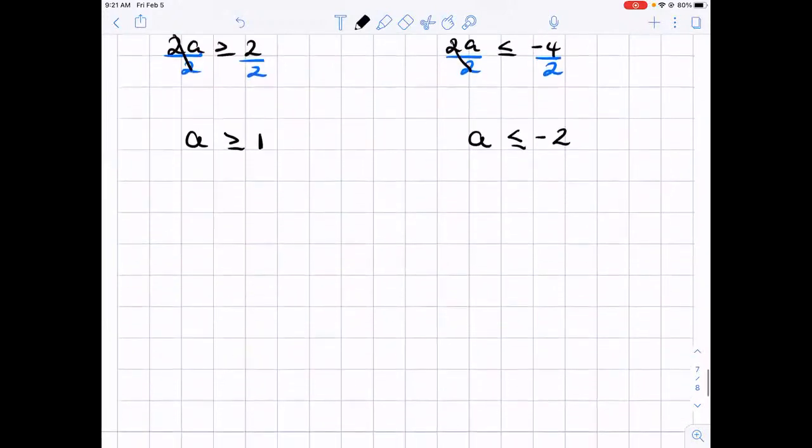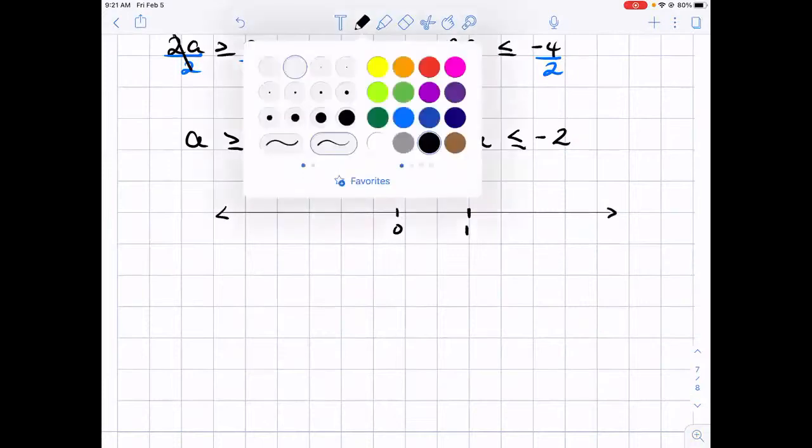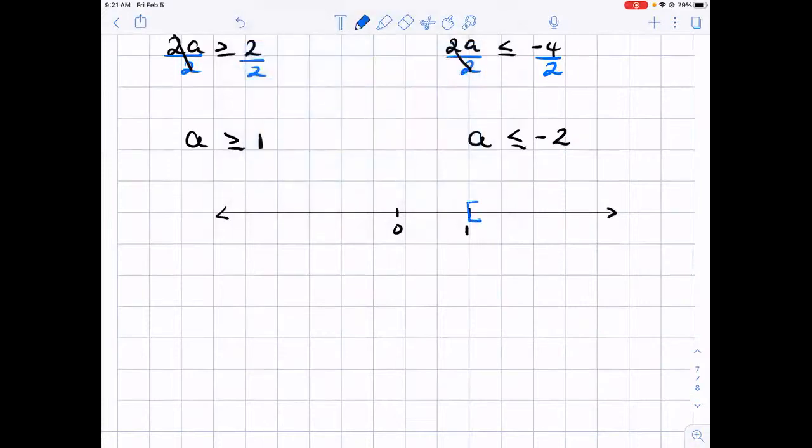Now let's put this on the number line to see what it looks like graphically. Somewhere here is 0. Here we have a 1. It's now a is greater than or equal to 1, so we need a bracket, and that arrow will go to the right because it's greater.